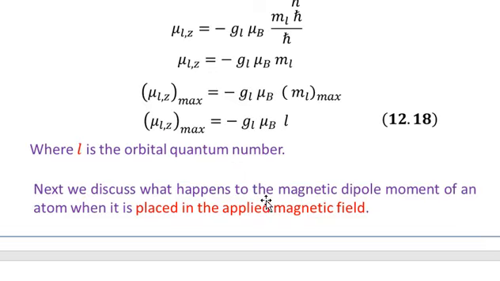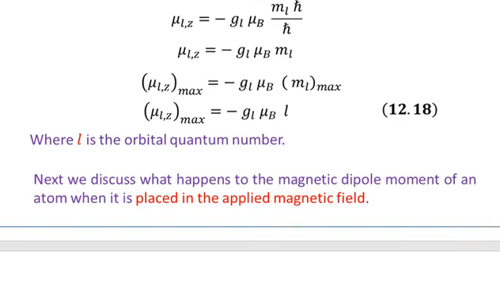So next we discuss what happens to the magnetic dipole moment of an atom when it is placed in an applied magnetic field. This is very important. We are going to place an atom having a magnetic dipole moment mu L in the external magnetic field, and we want to see what will happen to such an atom.